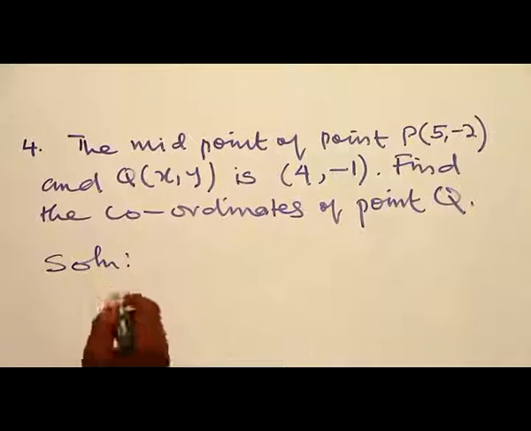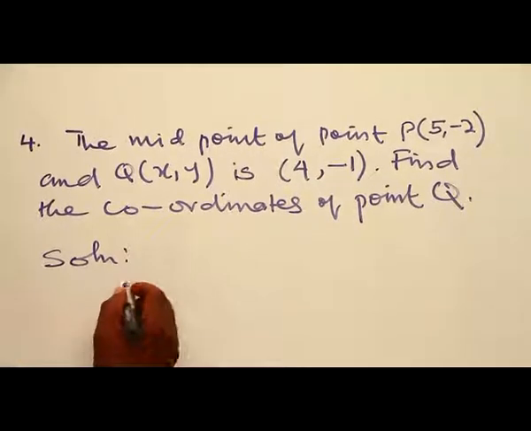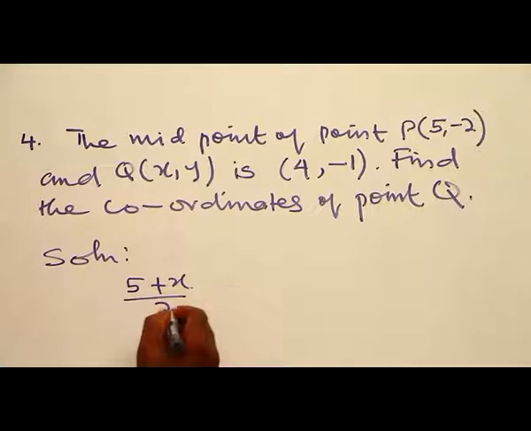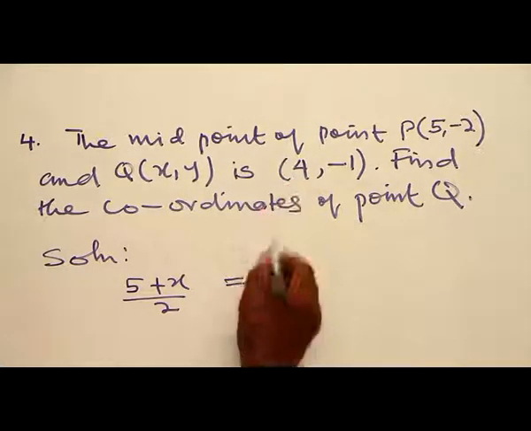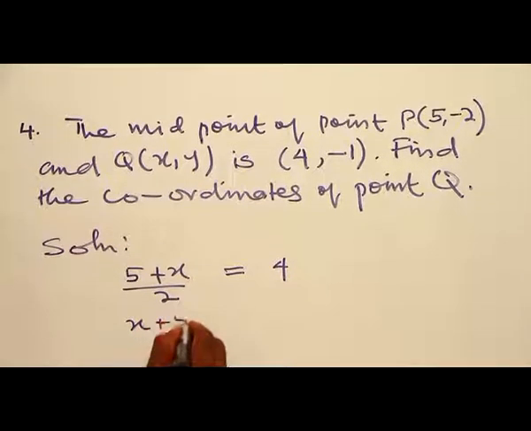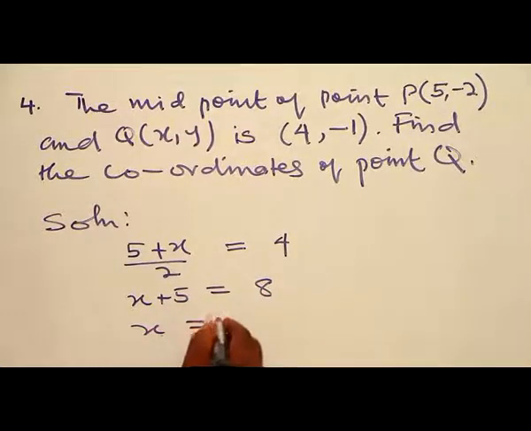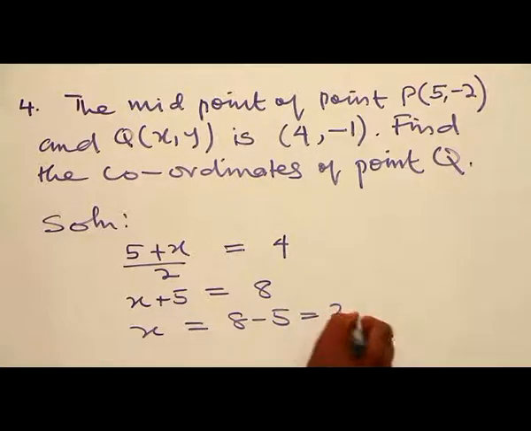So in our solution, we simply find the midpoint of P and Q, and the midpoint of P and Q is (5 plus x) all over 2, and this will be equal to 4. So that your x plus 5 is actually equal to 8, and your x is equal to 8 minus 5, and the value there is 3.